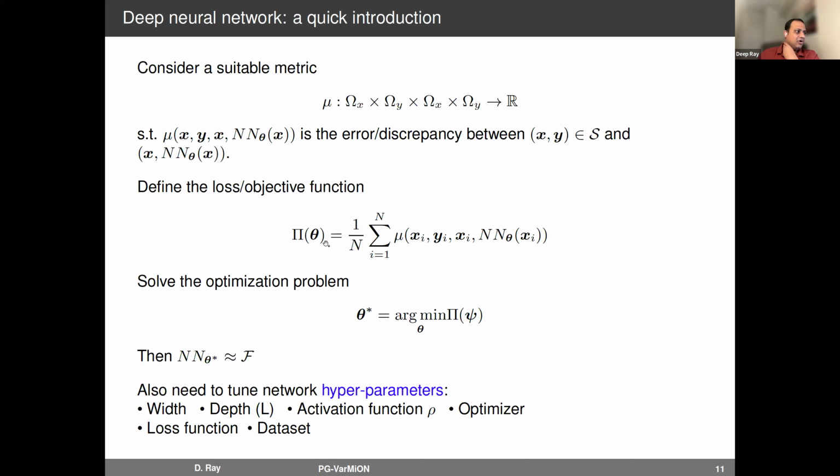This is going to be a function of these parameters theta, right? The weights and the biases. So then you have to solve an optimization problem, which tries to minimize this objective function. So this should not be psi, this should be theta. You're trying to minimize this objective function and find a theta star that minimizes this discrepancy over all your training points. And then with that theta star, the neural network N theta star is hopefully going to be a good approximation of your underlying function.